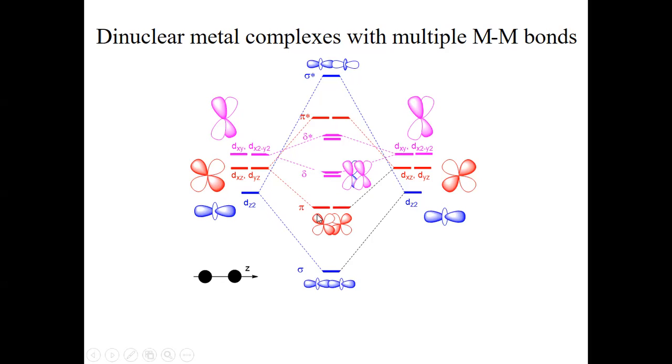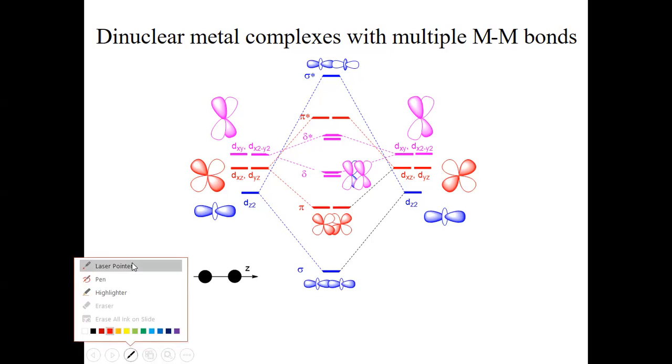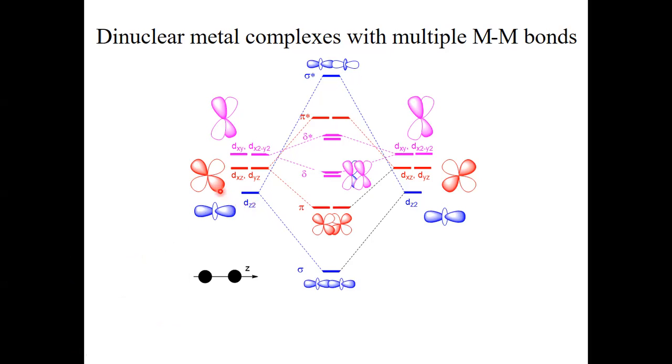Molecular orbital theory gives you a good answer for that. We have plotted here the metal d orbitals of the first metal, and here the metal d orbitals of the second metal. Which of these orbitals can we make interact?